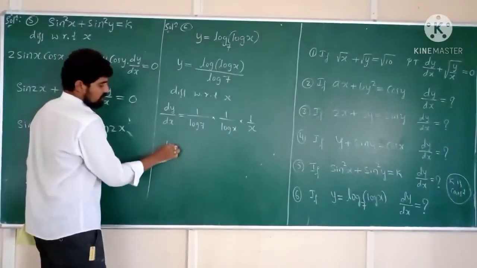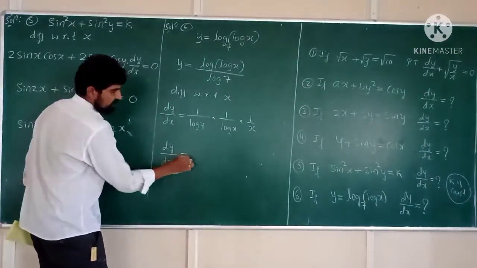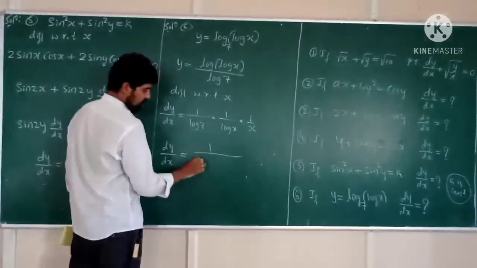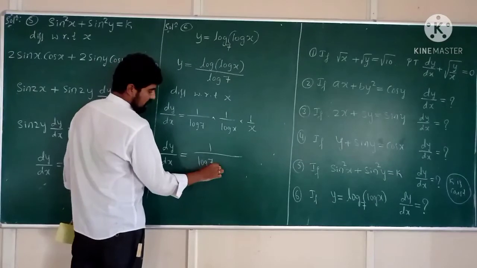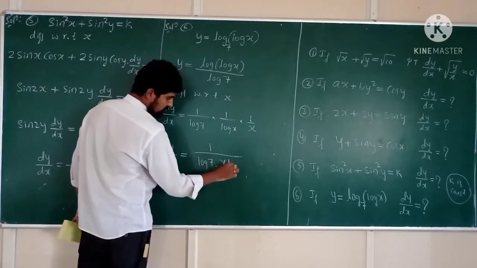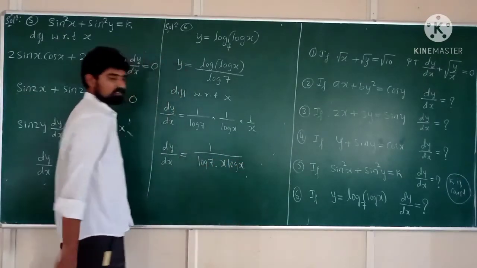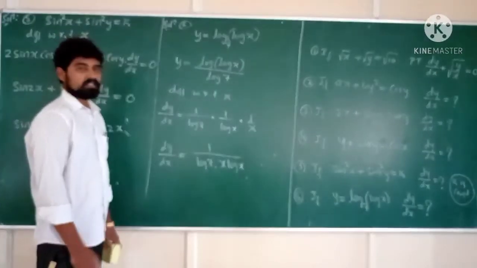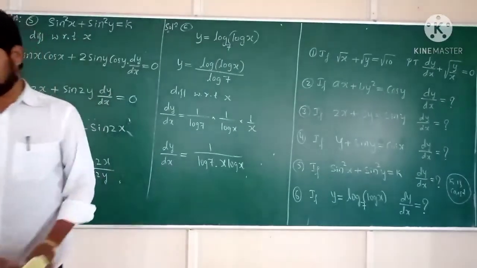Therefore required dy by dx is equals to 1 divided by log 7 into x log x. I hope all of you understood. If possible, take a look.